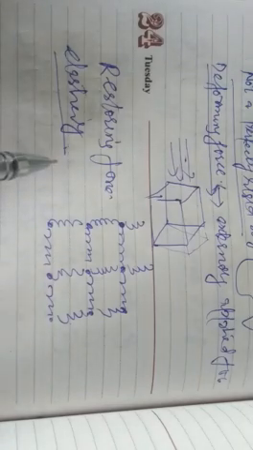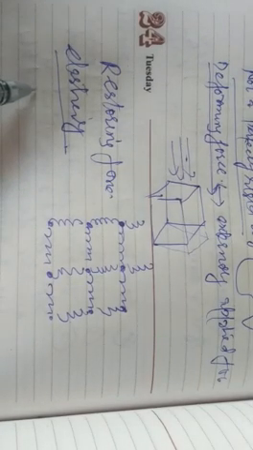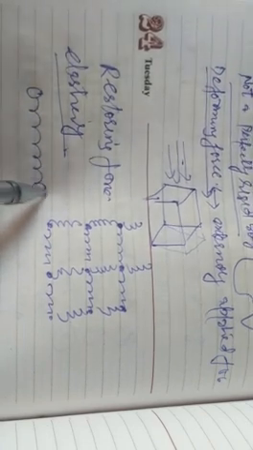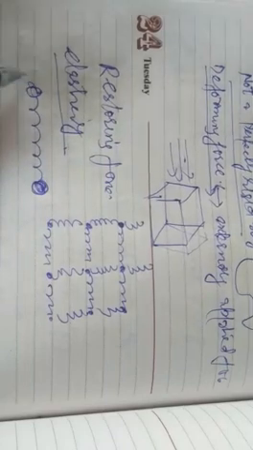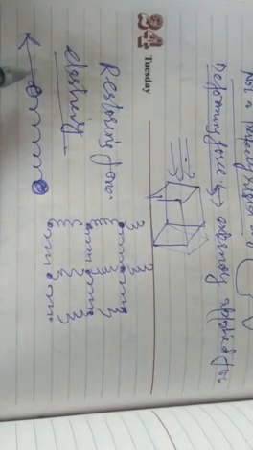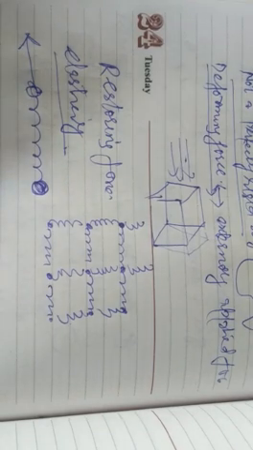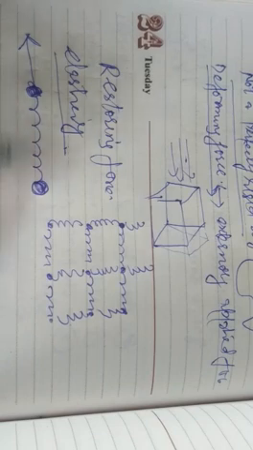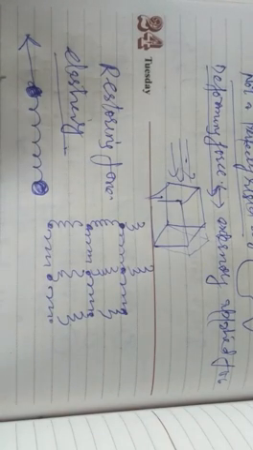If we have some material, this is one molecule and this is another molecule, connected. Once I pull it like this and then release it, it comes back to its normal configuration, which means some force is pulling it backward, and that force is called the restoring force.